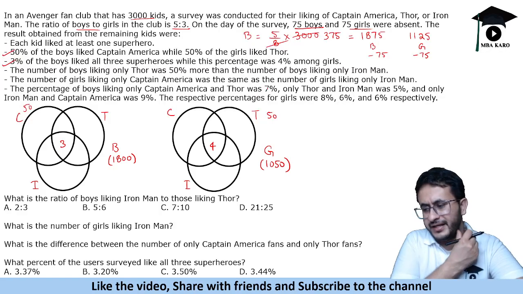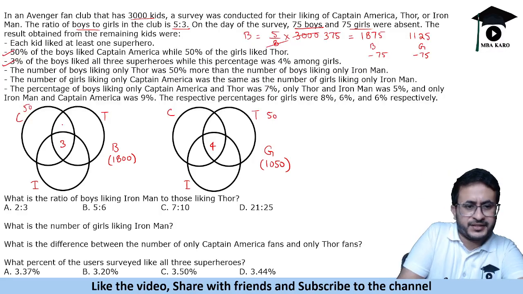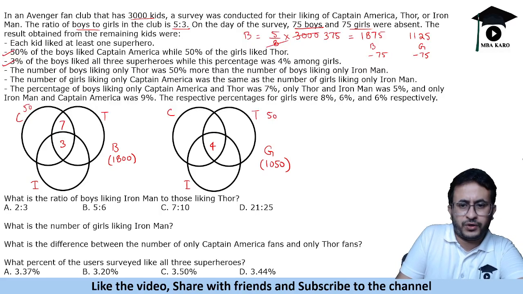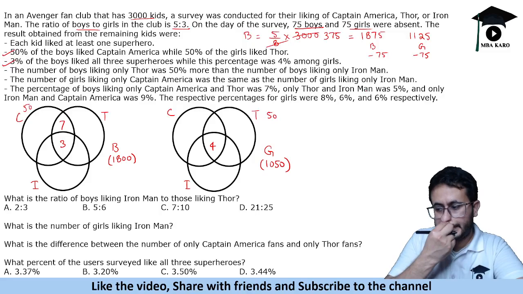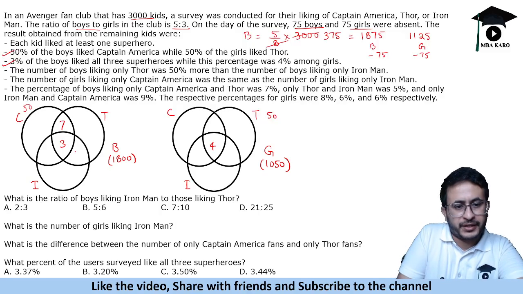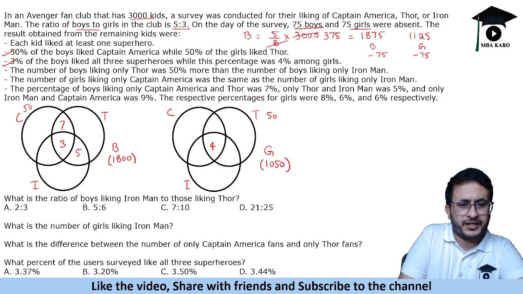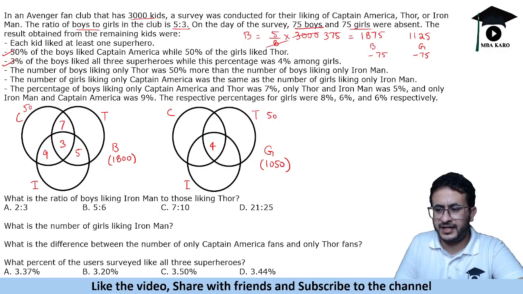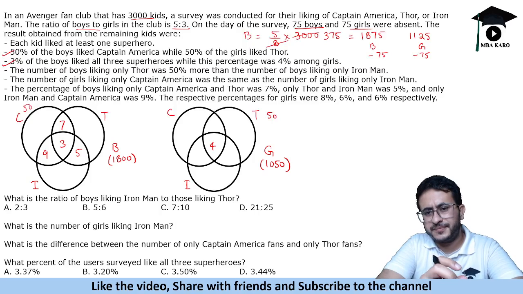Only Captain America and Thor, so this part is 7%. While Thor and Iron Man was 5%, and only Iron Man and Captain America was 9%. So 7, 5, 9. That ratio is given to us.